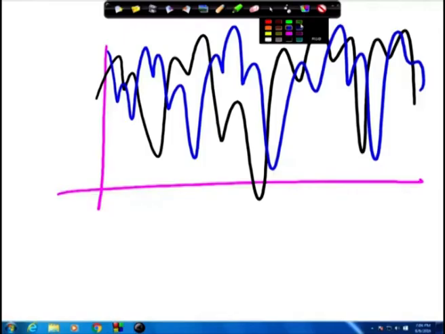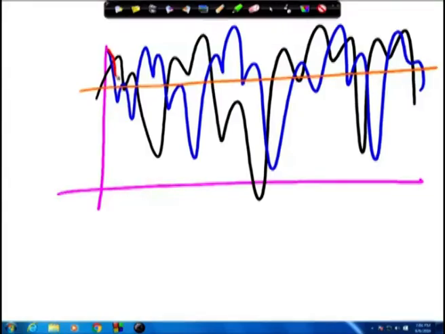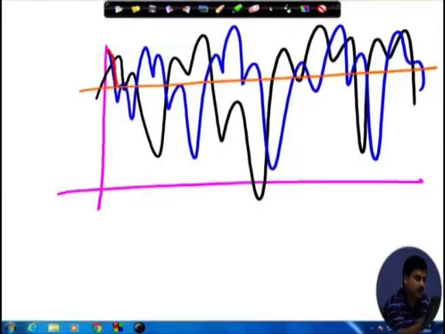Suppose we have decided a threshold which is here. In that case, the combiner would work like this. It is going to select one branch and go with that branch until the signal falls below this threshold, because the signal is pretty good. When it falls below the threshold, it jumps to the next one and follows through.